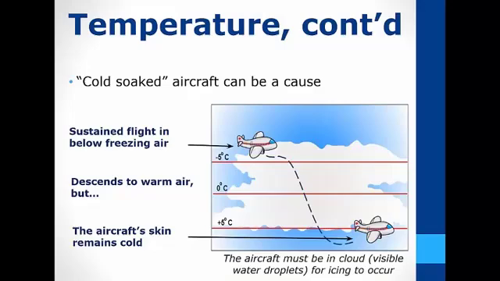One thing to be really cognizant of is if you're spending significant amounts of time at altitude and then you drop back down into a warmer air mass, your freezing potential still exists even when your aircraft is above freezing, because your aircraft skin temperature remains very cold. So if you have visible water content, even just slightly above freezing, that can result in significant amounts of icing on the aircraft itself.